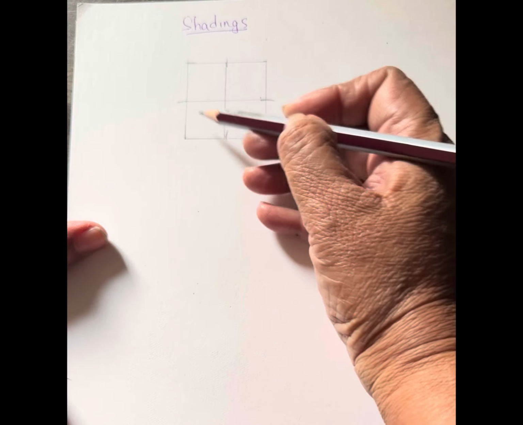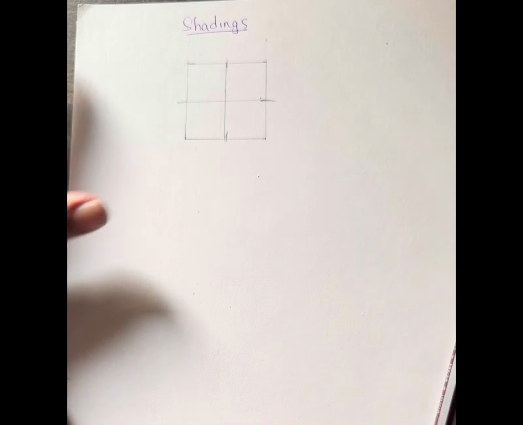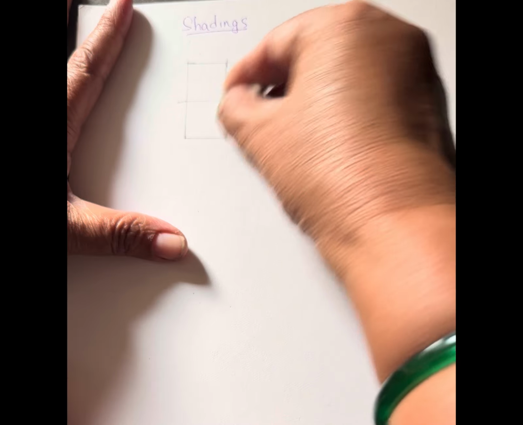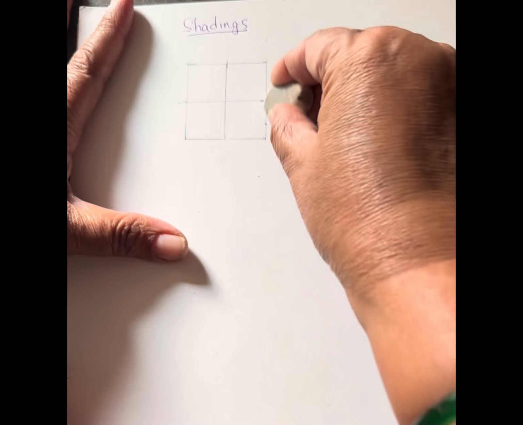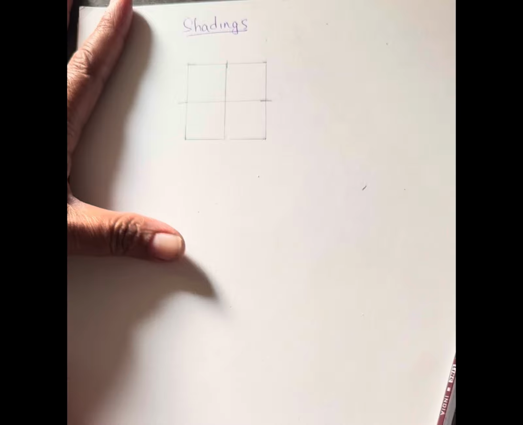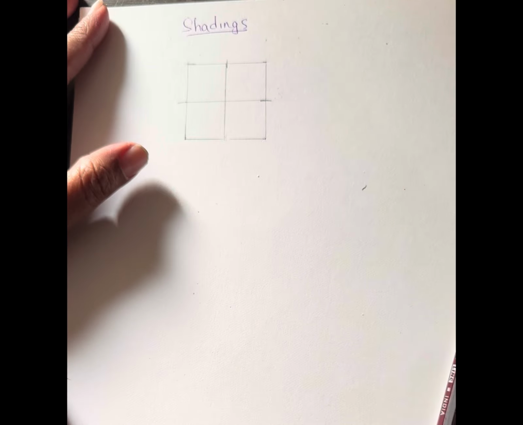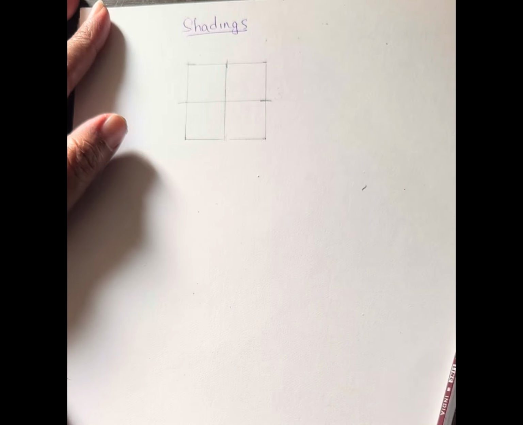Because this square is not shaded, right? So if we draw it, divide it into 4 squares first, it would be easier for us to understand, right?